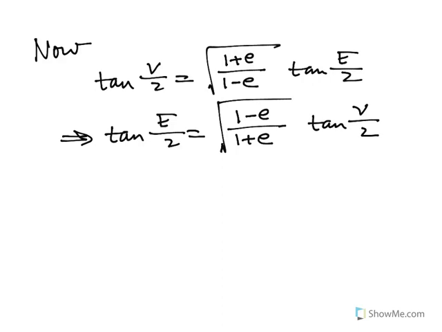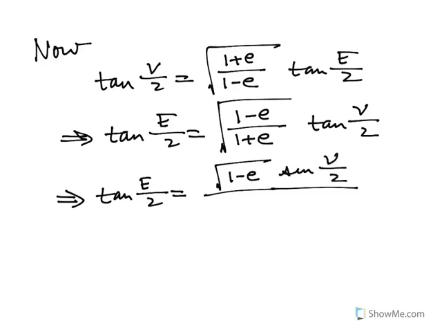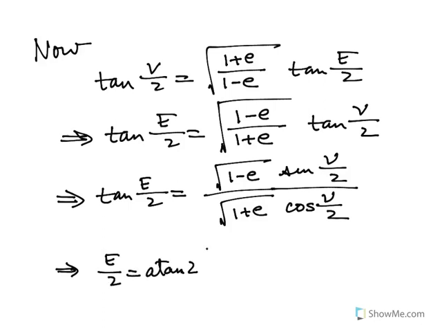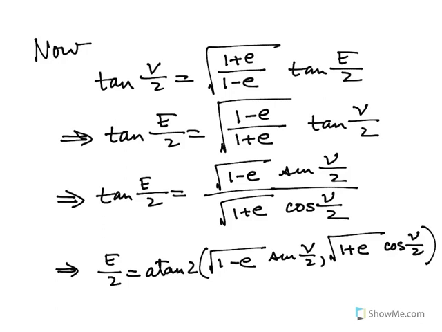Now, we can do the same thing we did before, which is that we can do the four-quadrant inverse tangent, which is that we get the tangent of E over 2 is equal to the square root of 1 minus e times the sine of nu over 2, and then the square root of 1 plus e times the cosine of nu over 2, which then gives us that E over 2 is equal to the four-quadrant inverse tangent of the square root of 1 minus e times the sine of nu over 2, and then the square root of 1 plus e times the cosine of nu over 2.